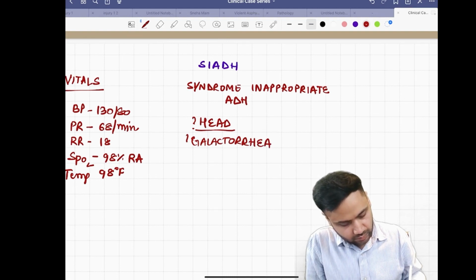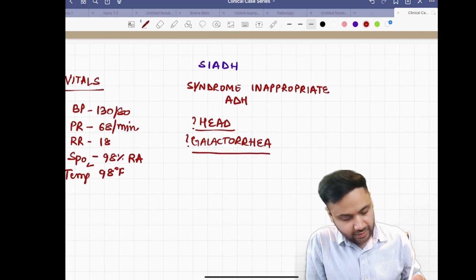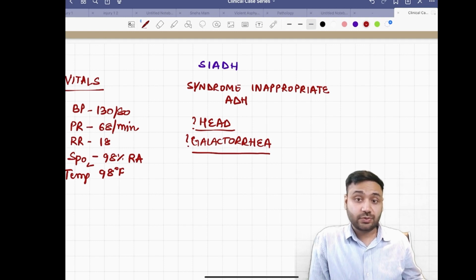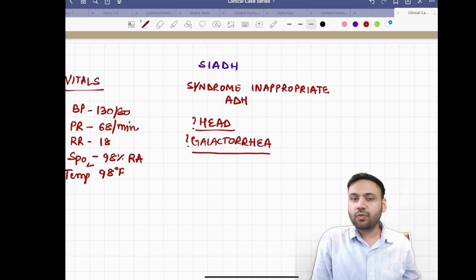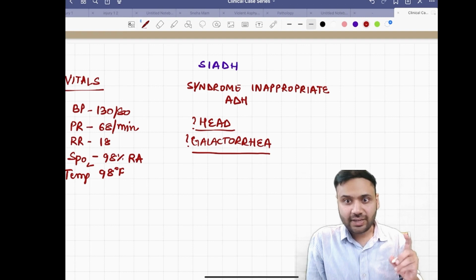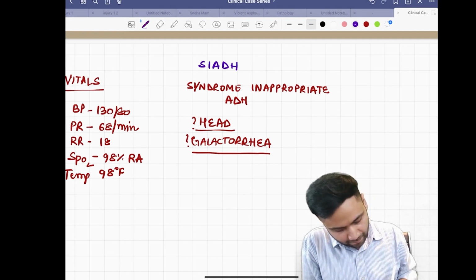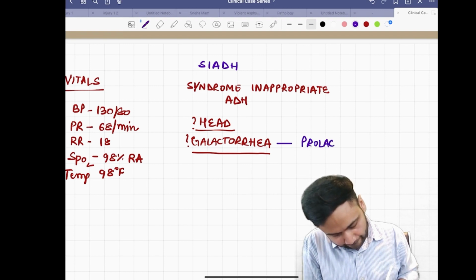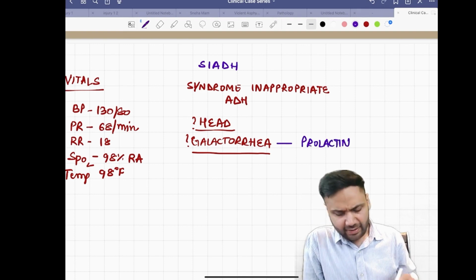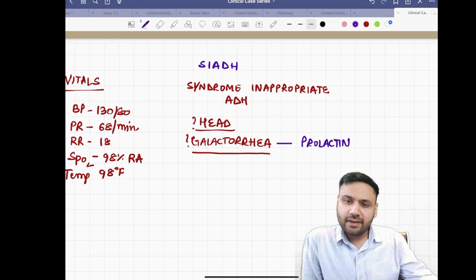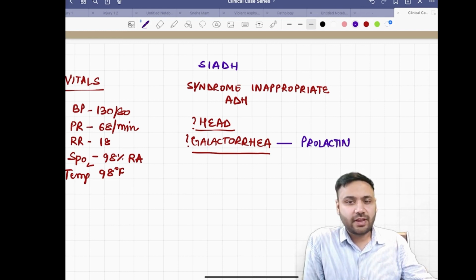Now, this patient has a headache and galactorrhea. So, which hormone causes galactorrhea? Prolactin. And headache. Is there something in the head which produces prolactin?